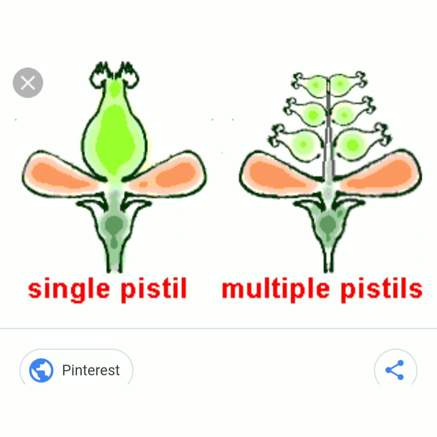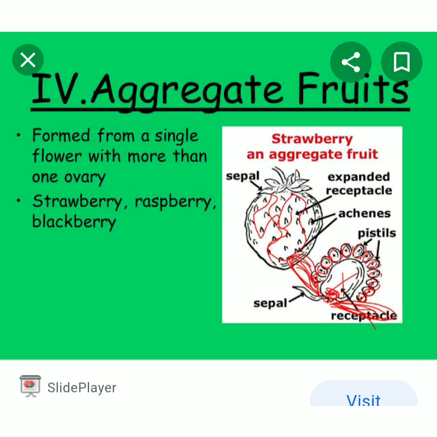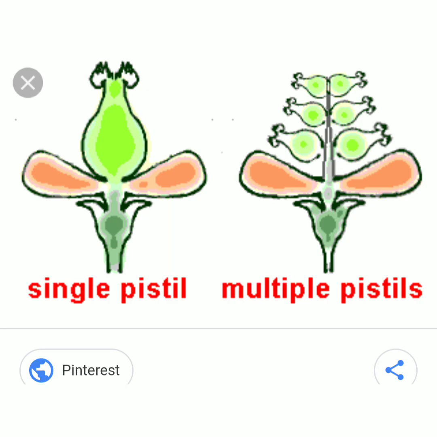Polyalthia and custard apple are examples of this type of fruit, called aggregate fruits. A single flower having more than one ovary develops into many fruits.